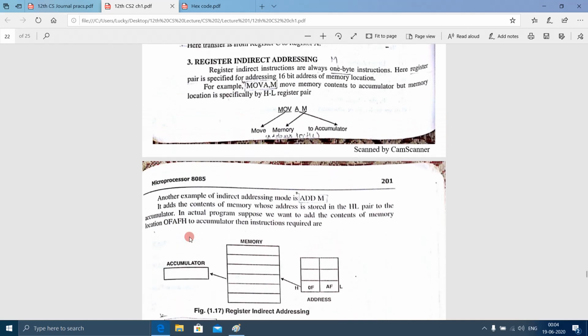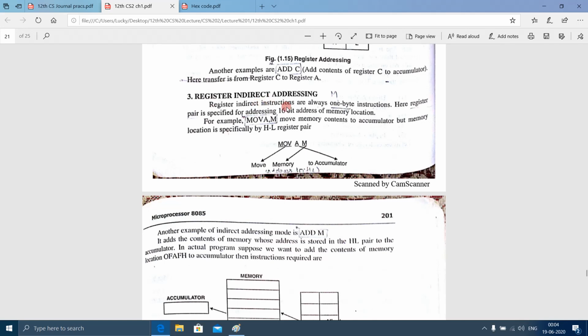So this was an example of register indirect addressing, because here the memory is used and the address of the memory is indirectly stored in the HL register pair. That's why it is register indirect addressing. The HL register is used to store the address of the memory location.